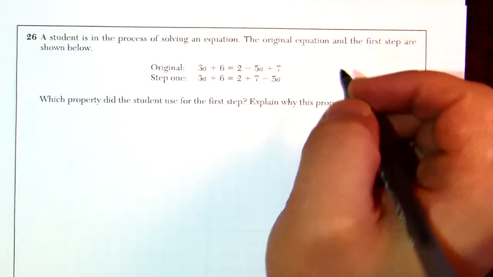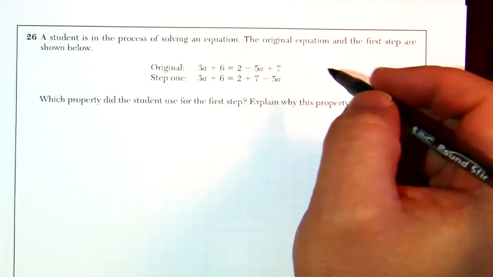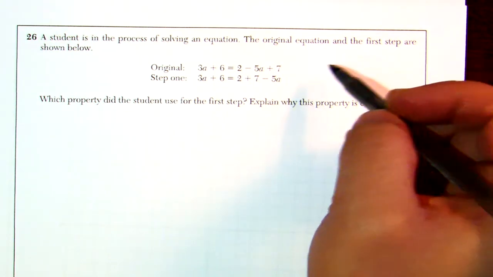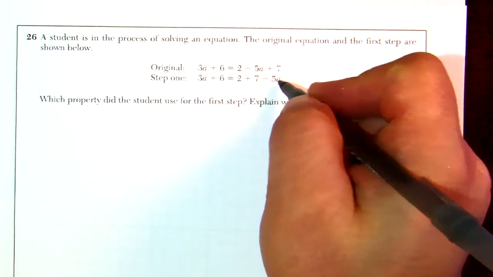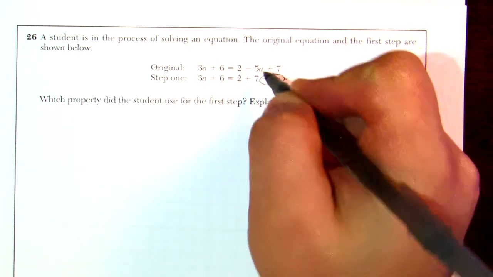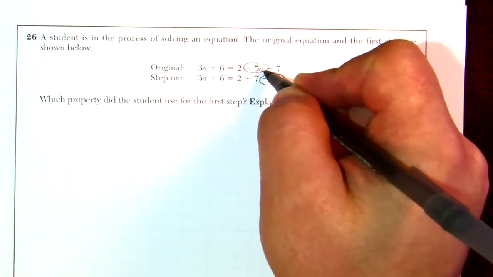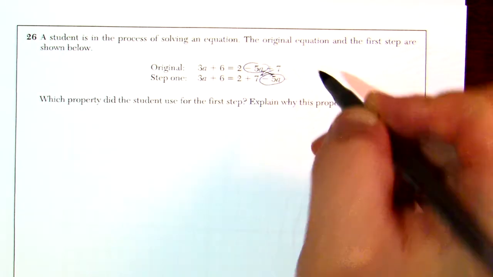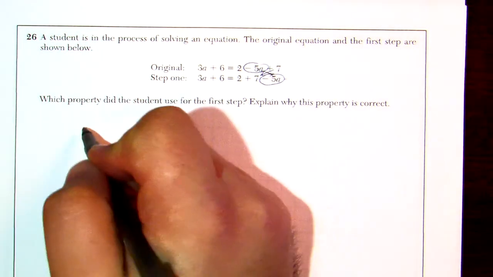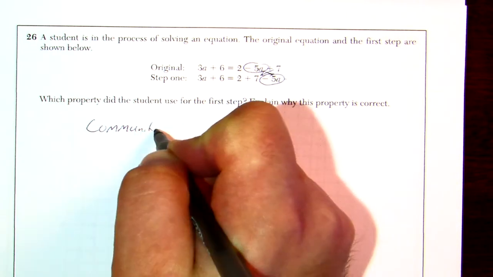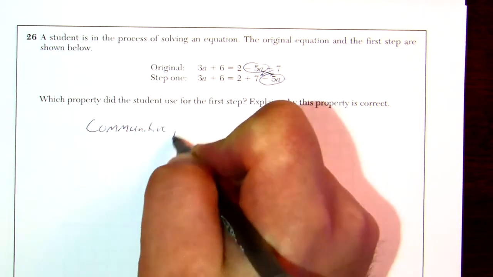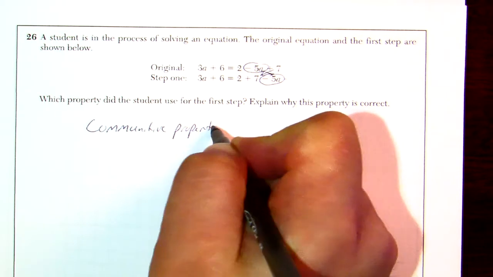So if you look, the difference is they took the 7 and the 5a and they switched it. Okay, so they moved this minus 5a down to here and then the 7 over here. So that is the commutative property. And why is it?